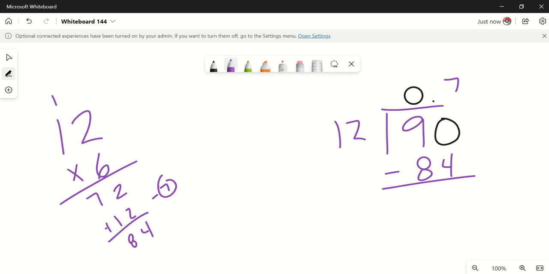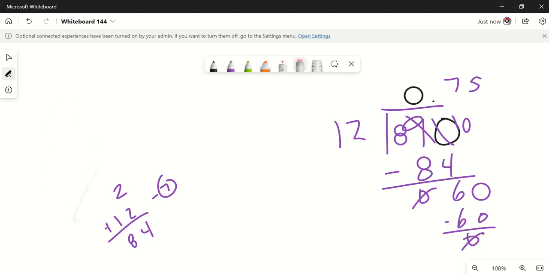When I subtract 0 minus 4, cannot do. Borrow. 10 minus 4 will be 6. 8 minus 8 will be 0. 12 cannot go into 6, but because of the decimal, I can bring down as many zeros as I want. 12 will go into 60 5 times, because I know 12 times 5 is 60.